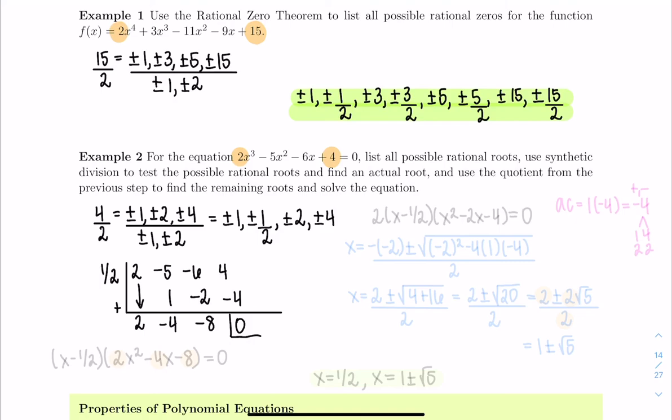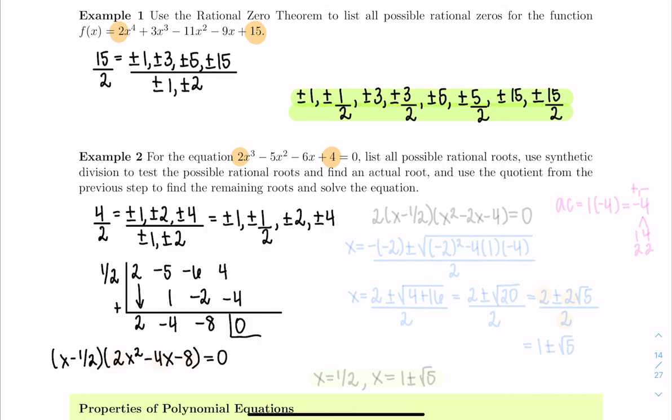So let's go ahead. We have our x minus 1/2 as an answer. And then from the division, we're left with 2x squared, because we started with 2x cubed, minus 4x minus 8. And we're going to set this equal to 0 so we can find the rest of the roots.